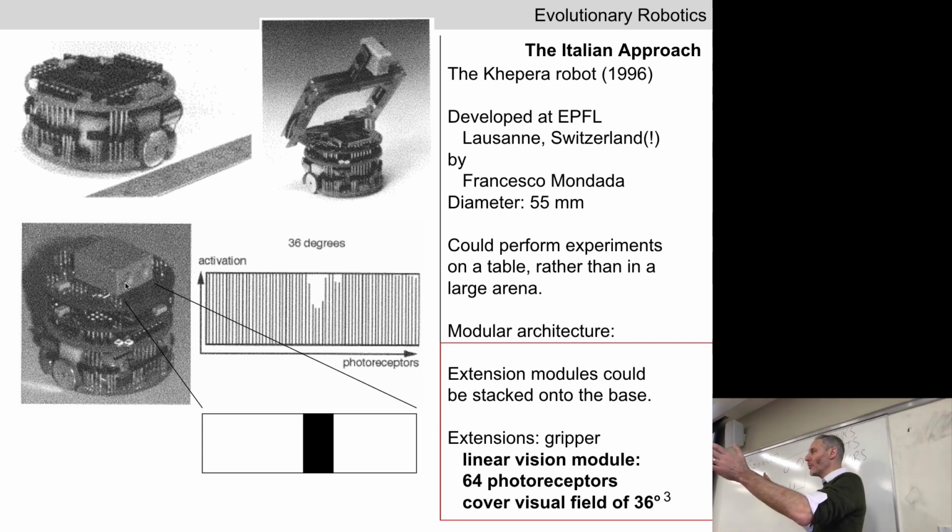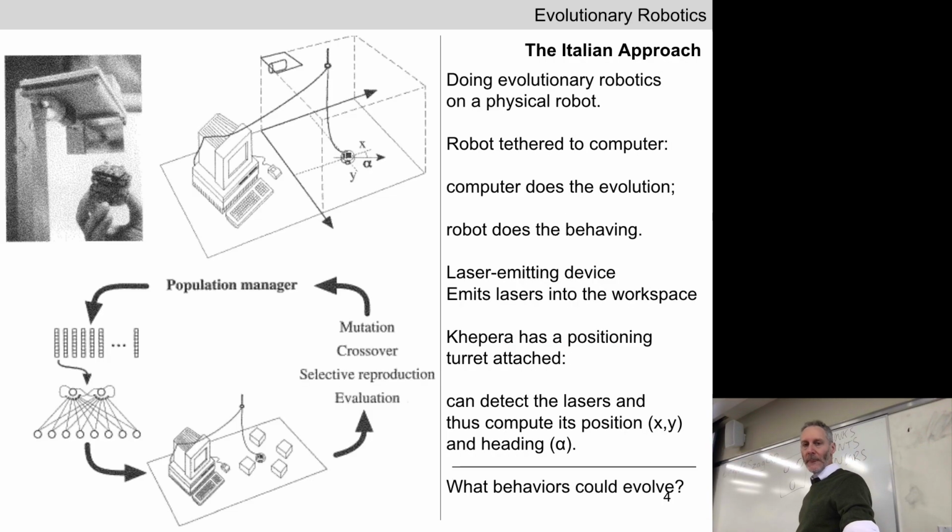It sits on top of the robot, and at every point in time here in the real world, that little camera returns 64 numbers, which is the amount of light falling on these 64 photoreceptors. So not that different from a Braitenberg vehicle, and it covers about 36 degrees of coverage in front of the robot. Okay. How did they set everything up?